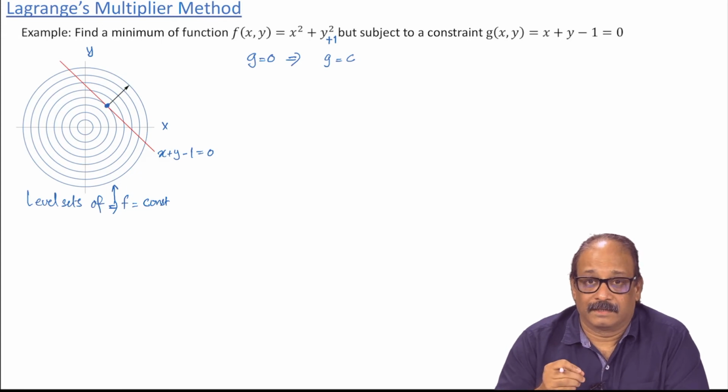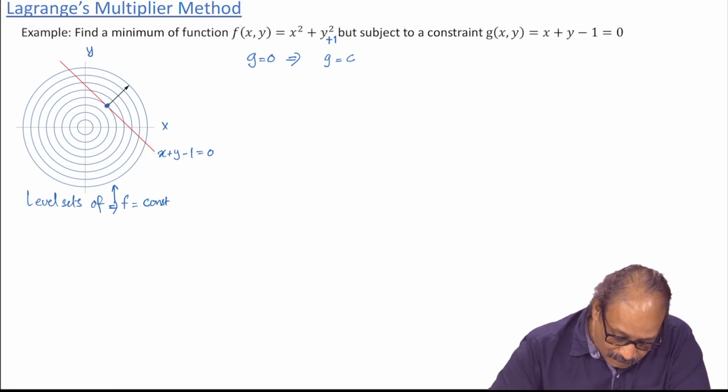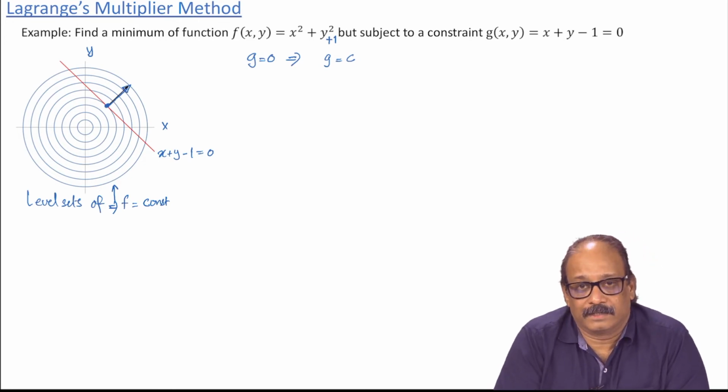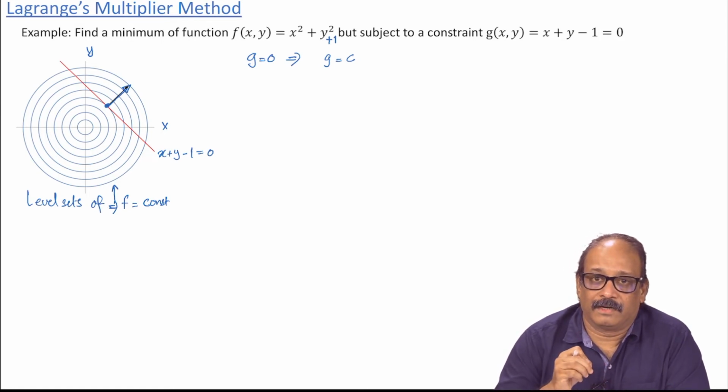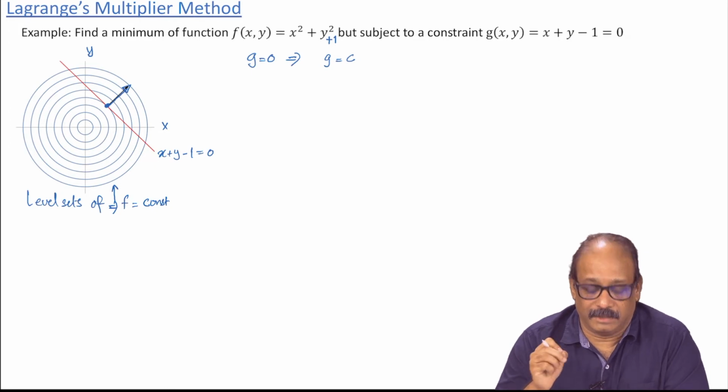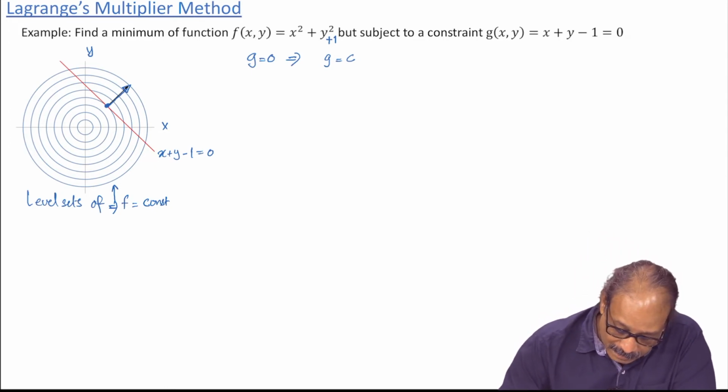What does that mean? That means your level set of f and level set of G must be parallel here, or in other words the normal to both these, given by this arrow here. So, the normal to the level set of f must be parallel to the normal of level set of G, okay? And that I will write here.